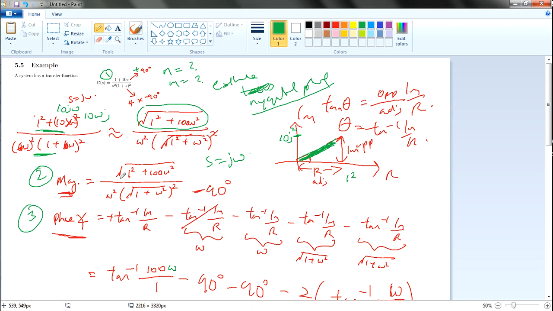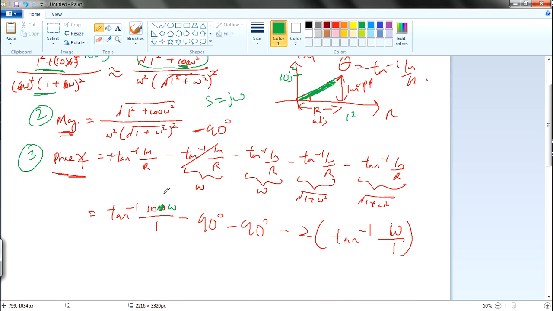But for the phase angle, you need to be very clear how it's derived. It is tangent inverse of imaginary over real, so it's the magnitude 100 omega. Okay, actually this is 10 omega. So it's just taking 1 plus 10 omega j, so it's just taking the degree between this and this only. So actually I put it wrongly. Sorry, my fault.